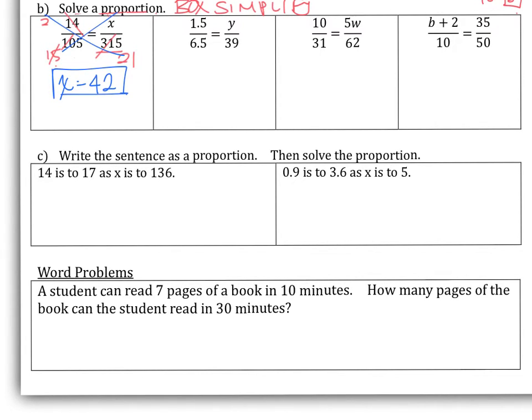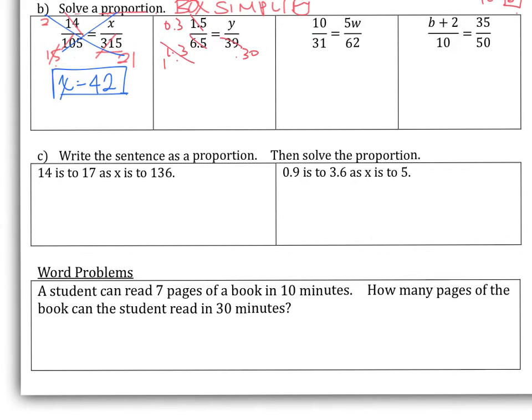Okay, and this one, we can do 1.5 divided by 5 is 0.3. 6.5 divided by 5 is 1.3. Okay, and in here, we can simplify between 1.3 and 39. 39 divided by 1.3 is 30.